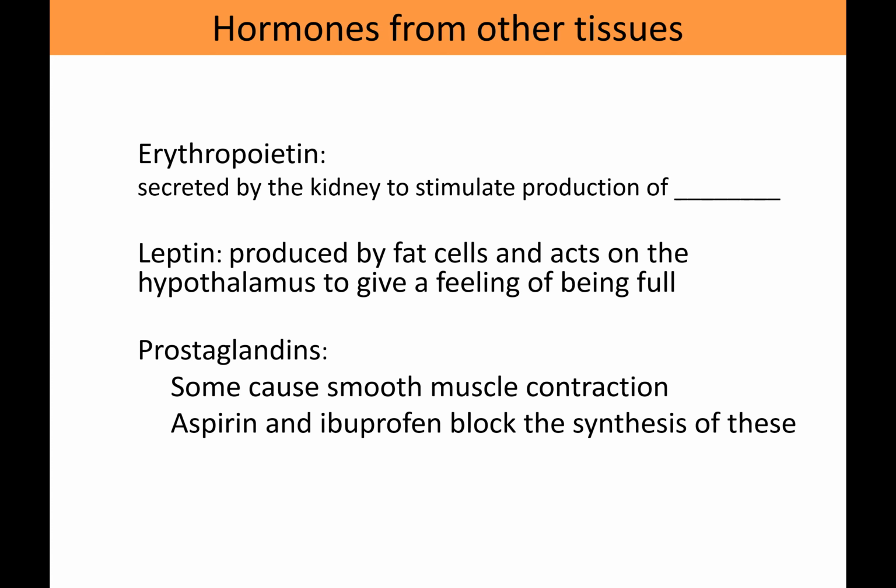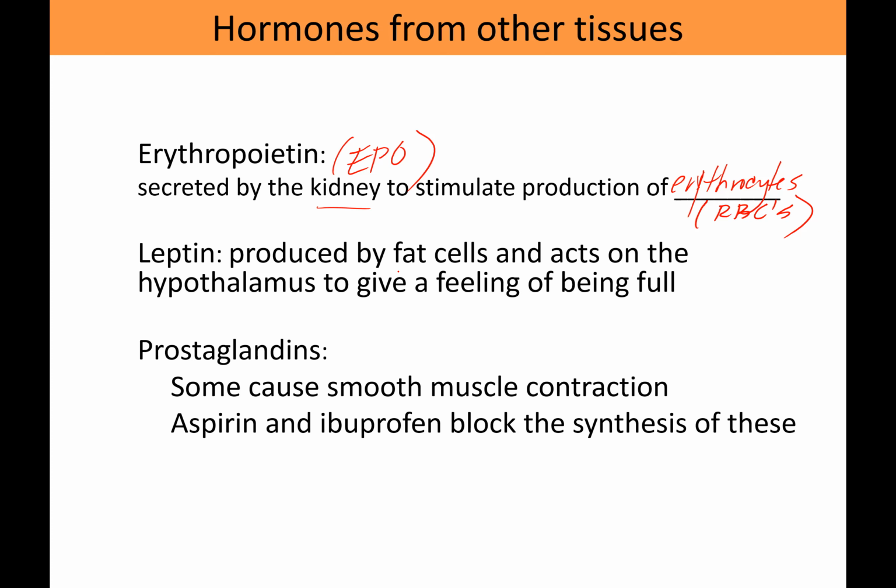And so again, here's our friend EPO, which we've talked about at various times of the semester. Remember, it comes from the kidney, and that causes the bone marrow to stimulate production of erythrocytes, or red blood cells, RBCs. And usually it does that in times of low oxygen.